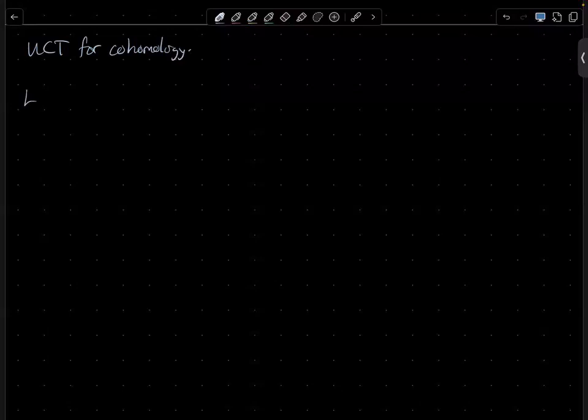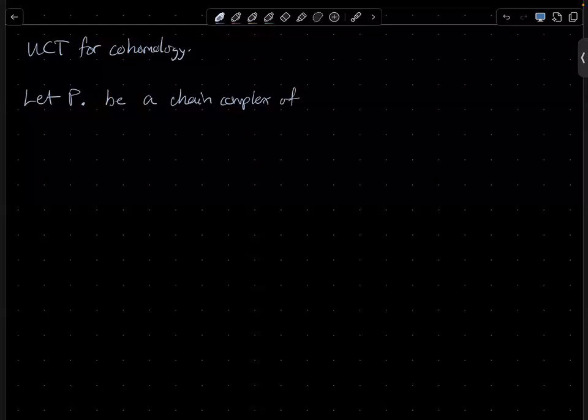Let P bullet be a chain complex of projective modules such that each image, each d_n P_n, is also projective.